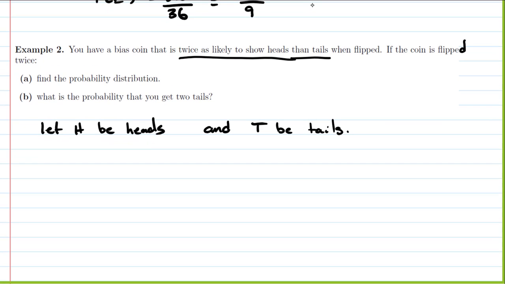If I wrote down the following, is this statement true? Does H equal T? Of course not. Because what does it say? That it's twice as likely to show heads than tails. So in terms of our probability, which of those things is bigger? Is heads bigger or is tails bigger? So heads is bigger.